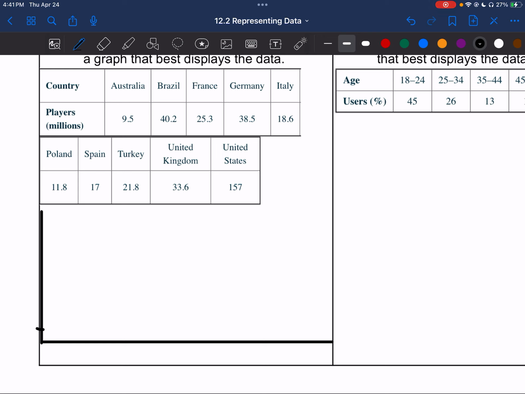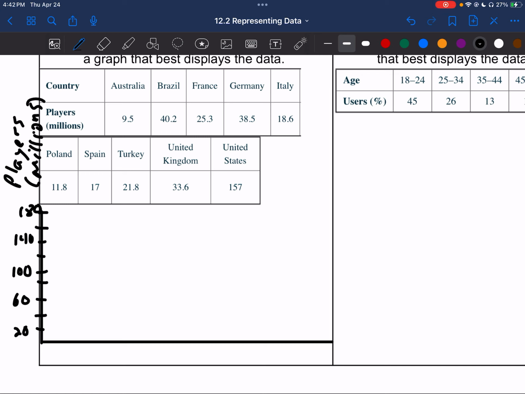So 20, 40, 60, 80, 100, 120, 140, 160, 180. I'm not going to label every one, just every other, but we are going by 20 million. And we should label some units, so we're going to say players in millions.